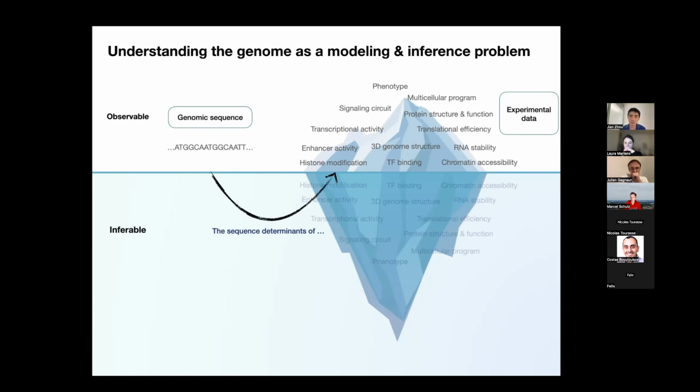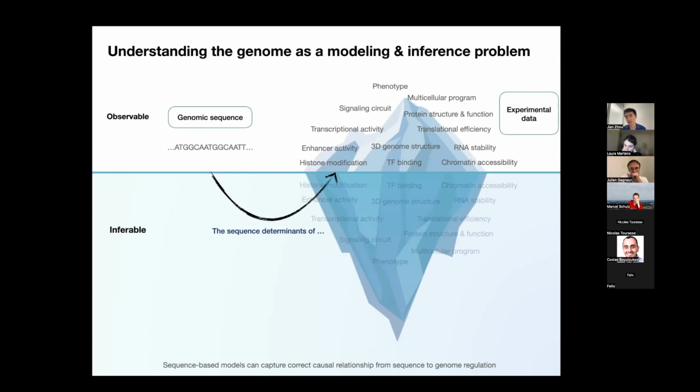So that's an ideal problem to address through machine learning approaches, to build sequence models that can model those different levels of regulation from the sequence, right? And another important reason that makes sequence-based models powerful is that they often can capture the correct causality direction, from the cause to the consequence, right? This is not in general guaranteed for machine learning models. Like if you predict gene expression from histone marks, it's not clear which one is causing the other, right?